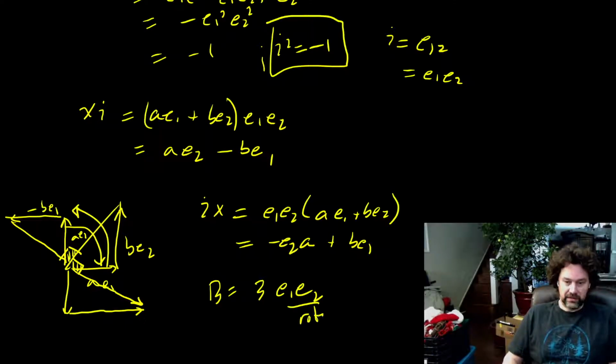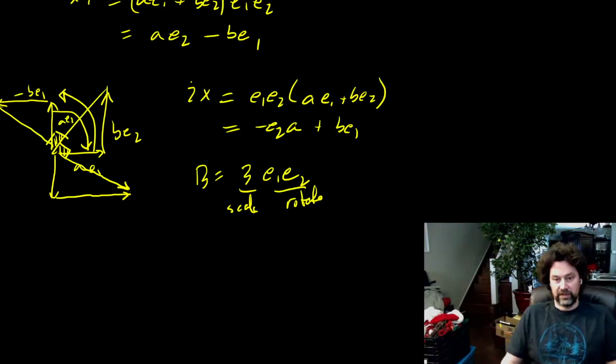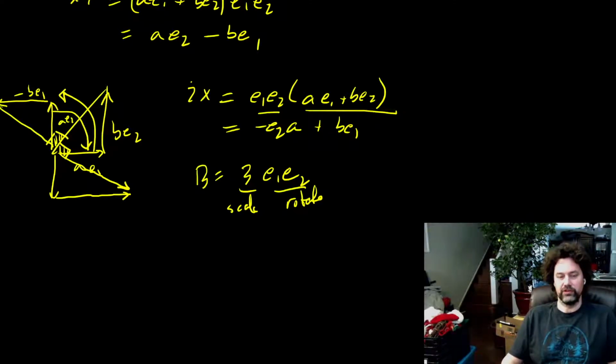So in general, bivector multiplication is a rotate and scale operation if we multiply a vector by a bivector when that vector is in the plane of the bivector. So the next question is, what happens if we multiply a general vector by a bivector when that vector doesn't necessarily lie in the plane that bivector represents?